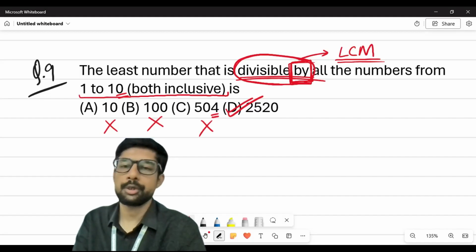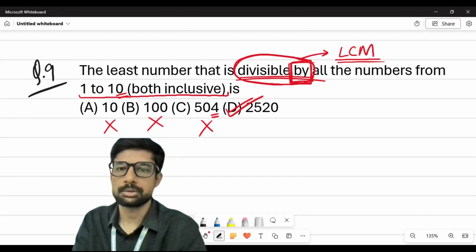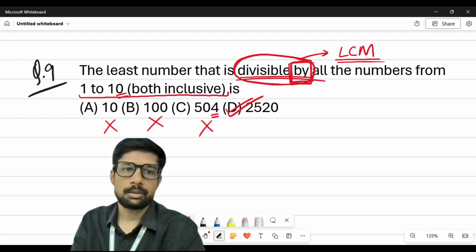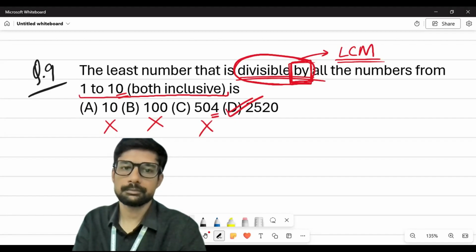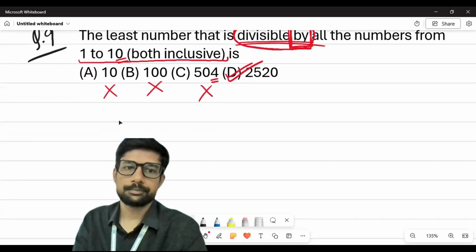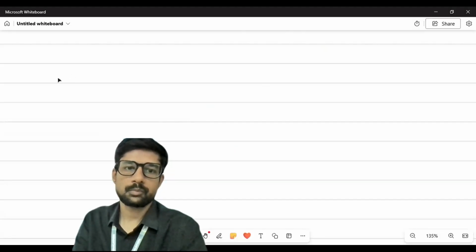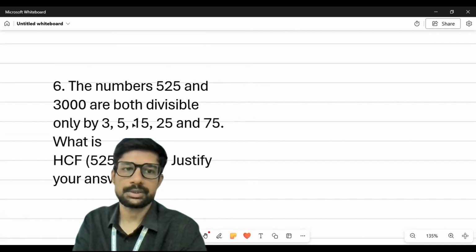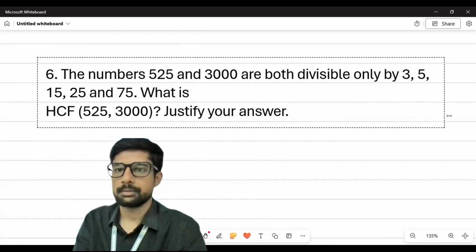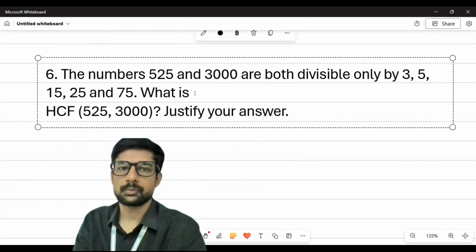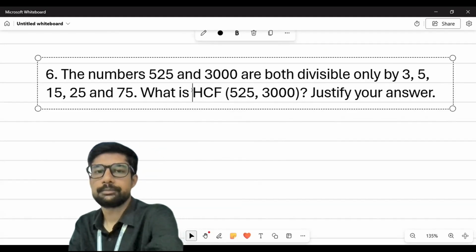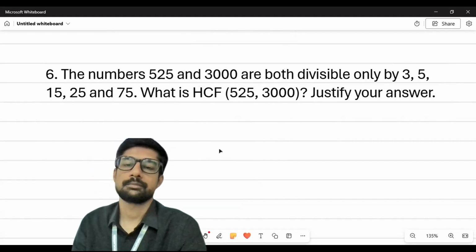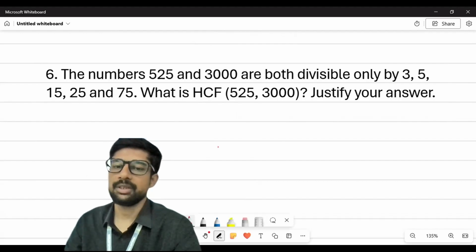Okay, then from 1.2, we have to do some selected workouts as per the recent syllabus update. 1.2, question number 6. Everything is clearly mentioned.